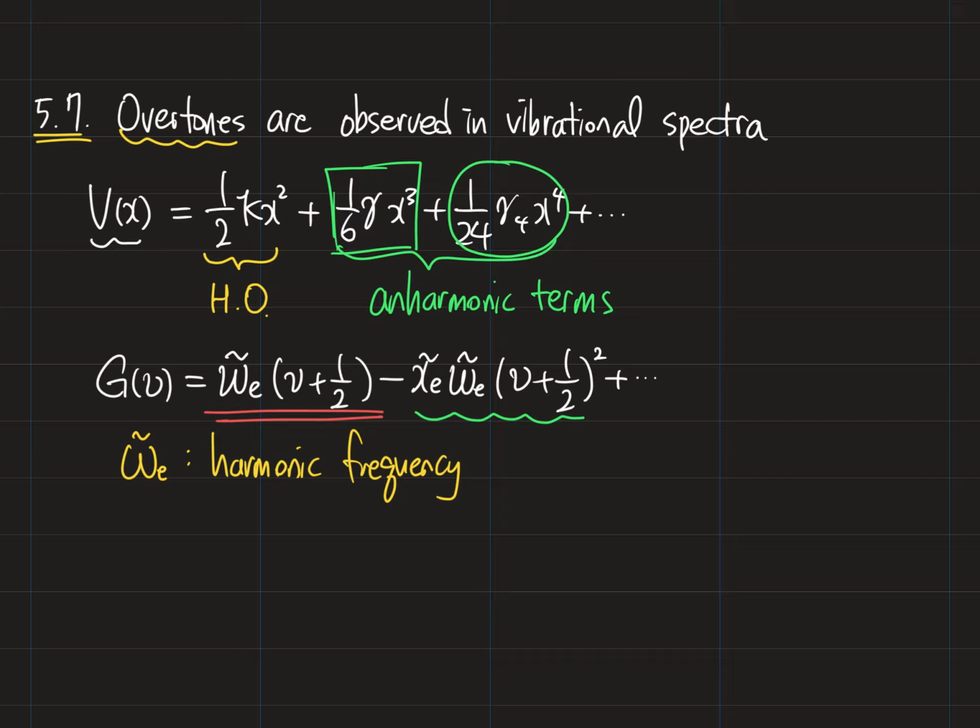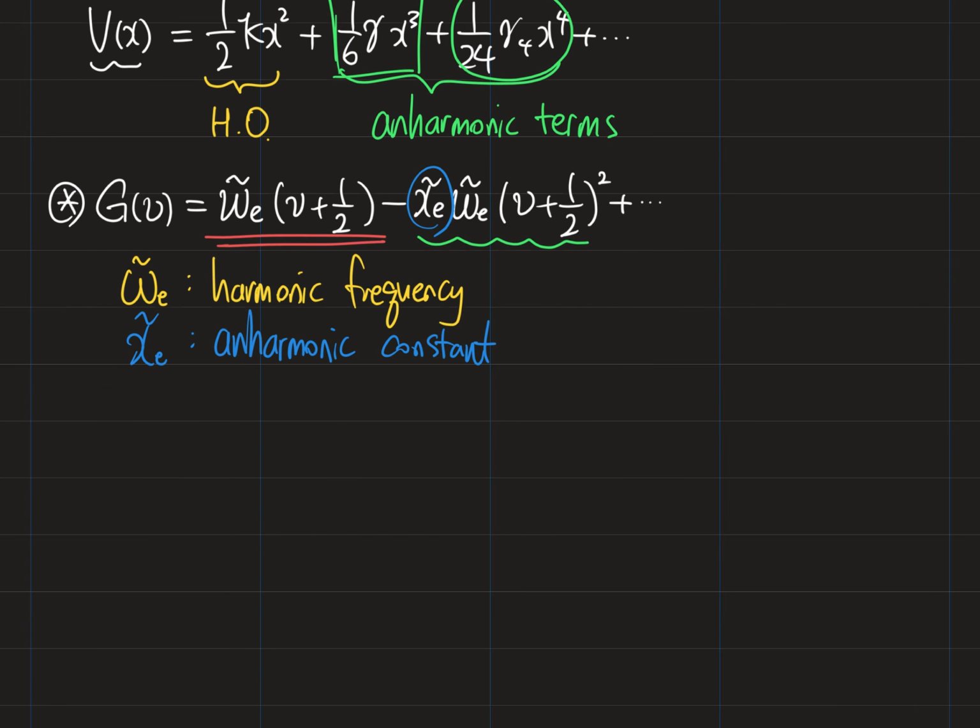And this x e tilde is the anharmonic constant. Even though we haven't solved this equation ourselves, we can still interpret the final result for anharmonic oscillators.